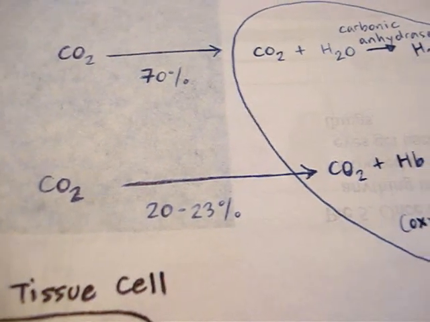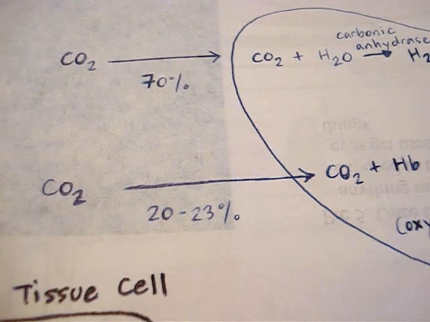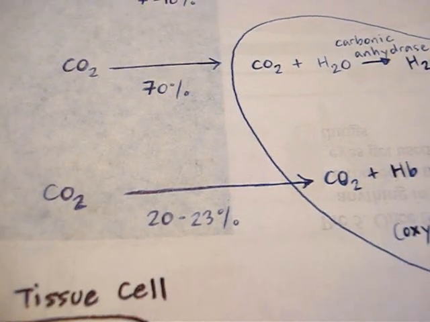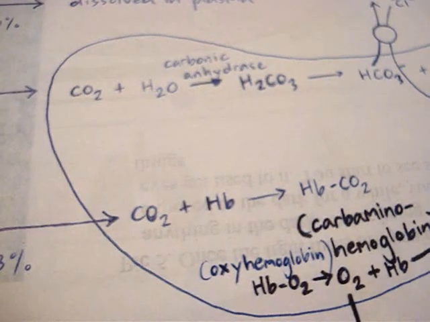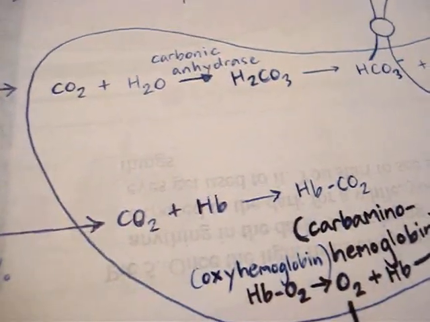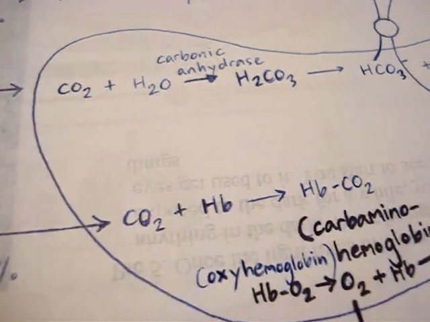The remaining 20 to 23% carbon dioxide is loaded into the red blood cell and attaches to hemoglobin, which I wrote here as Hb.